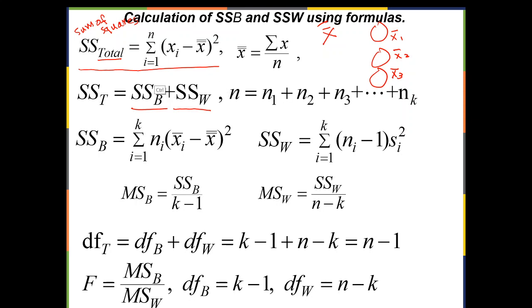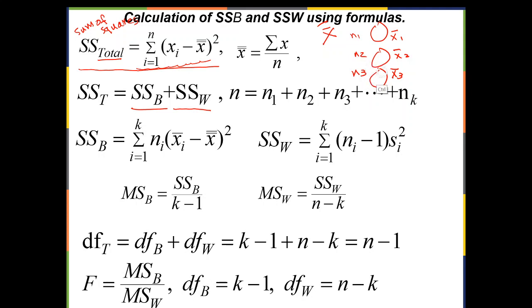Now this is, of course, the sum of the square deviations from the grand mean, but this one assumes that there are no groups. If there were no groups, that would be the sum. But since we have groups, and groups can have different sizes, so this might be n1, n2, n3.